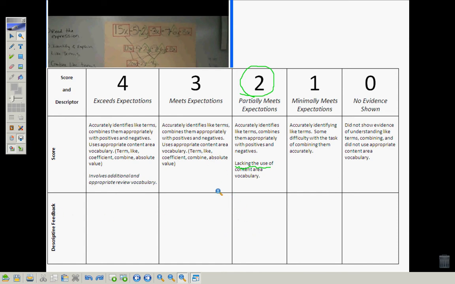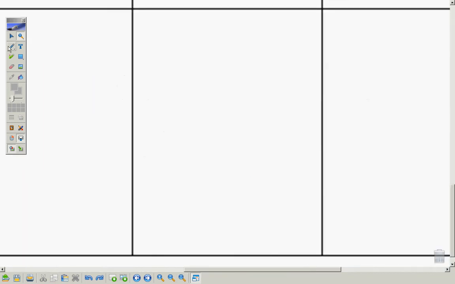I'm going to write fairly small. So here's the box underneath that number 2. And here's what I would say to the student. Let's pretend that his name is Nick. First I want to point out what he did correctly.